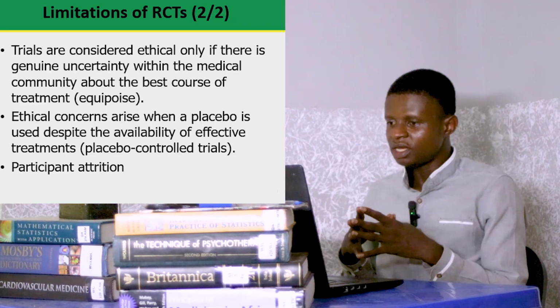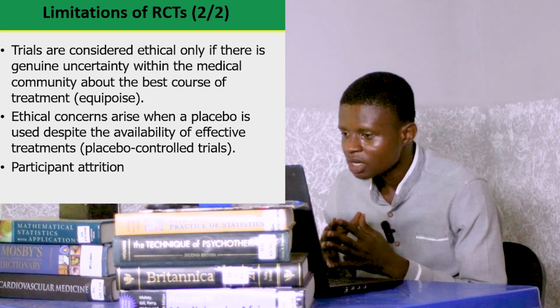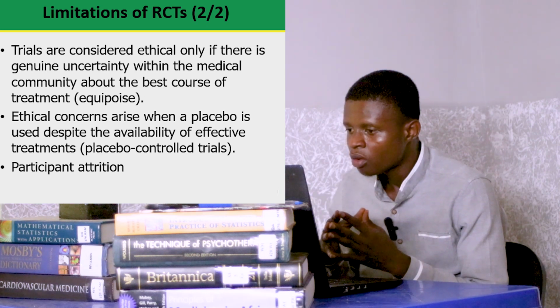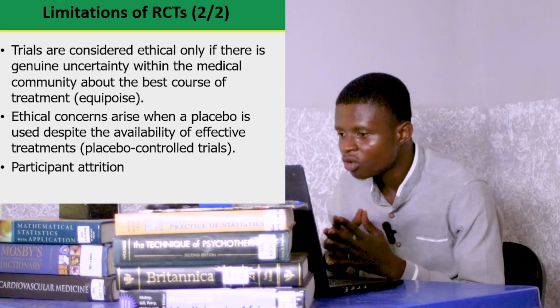So we continue with the limitations. Trials are considered ethical only if there is genuine uncertainty within the medical community about the best course of treatment. So if there is a robust treatment, there is no need for any clinical trial.